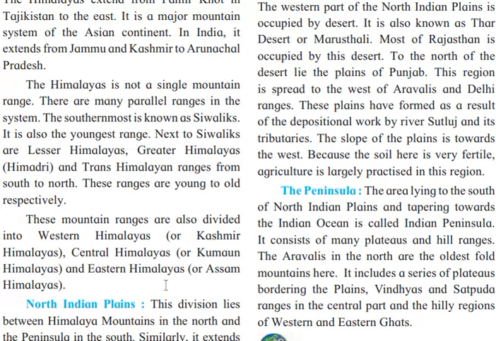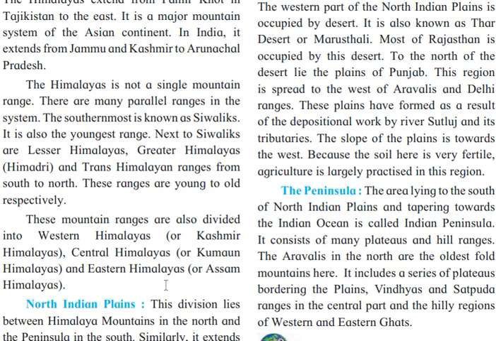Western Himalayas, which means the Kashmir one. Also, we can say Central Himalayas, which means the Kumaon Himalayas, and Eastern Himalayas, which means Assam. So basically, it is divided into three.